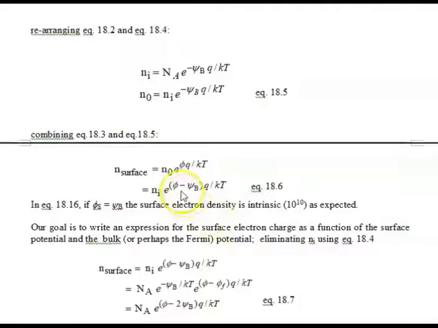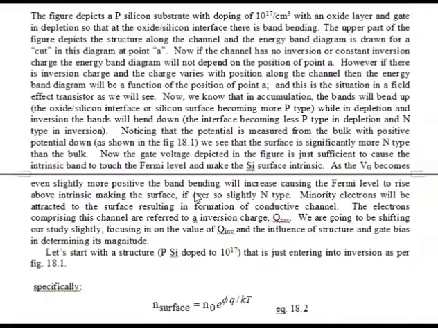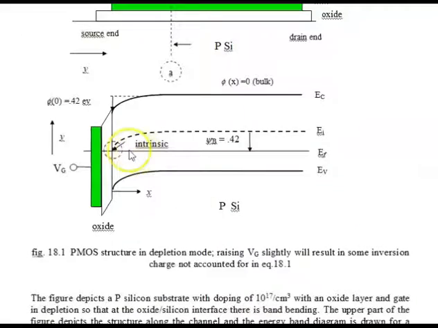And that's pretty straightforward. If phi is equal to phi b, this goes to 0, and that means that the surface will have the intrinsic value.